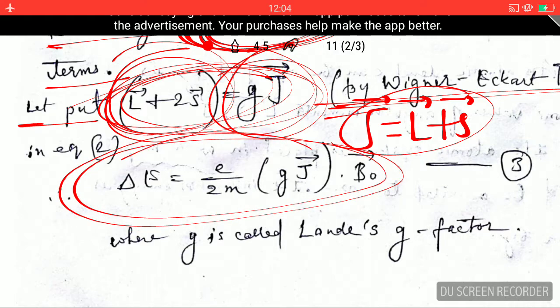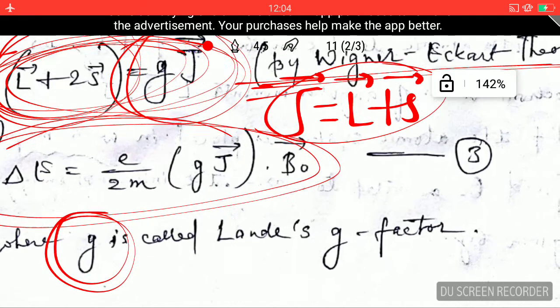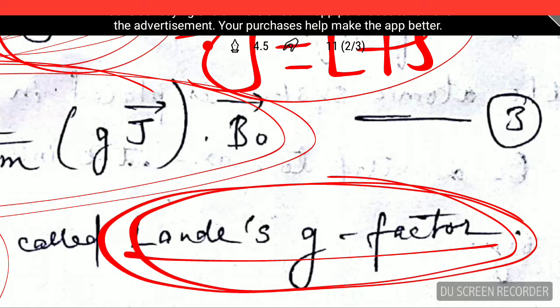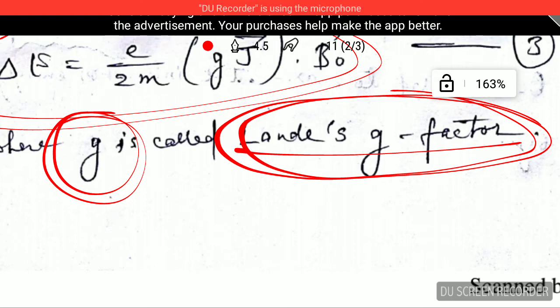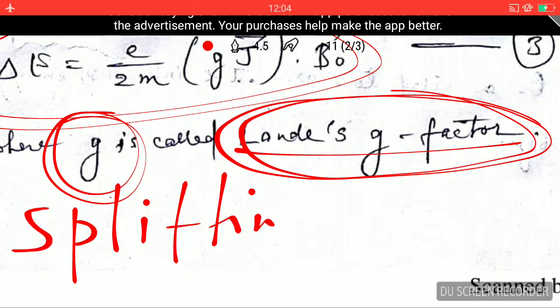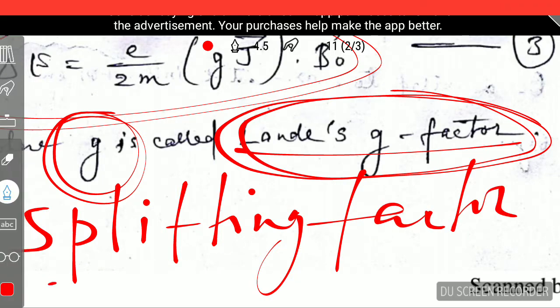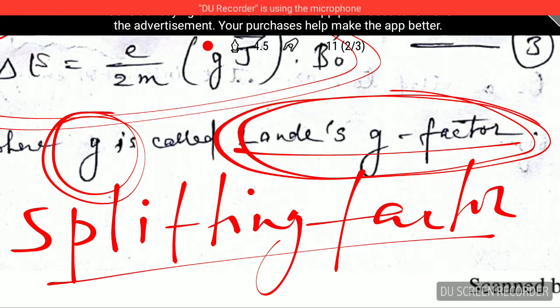And here there is a term g, which is called the Lande g factor. This is also called the splitting factor. I will explain why this is called the splitting factor.